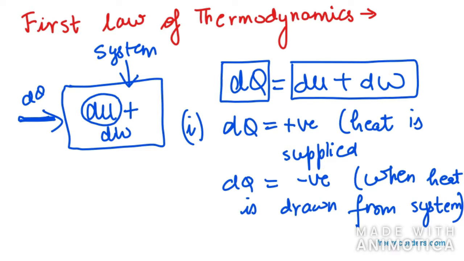So this is the condition for dq. If you are supplying heat to the system, dq will be taken as positive, and if the heat is withdrawn from the system, then dq will be taken as negative.